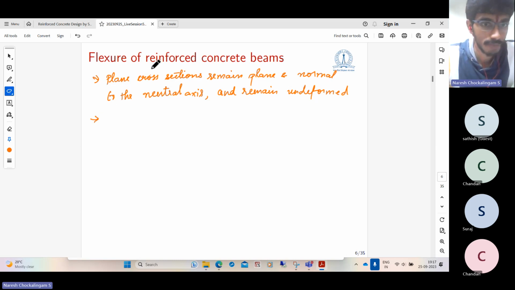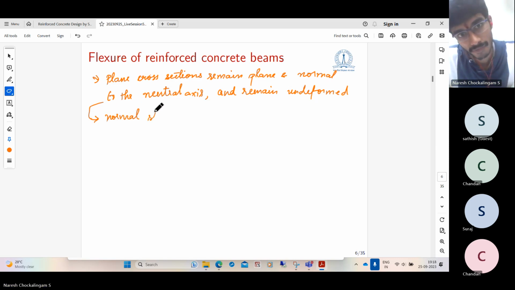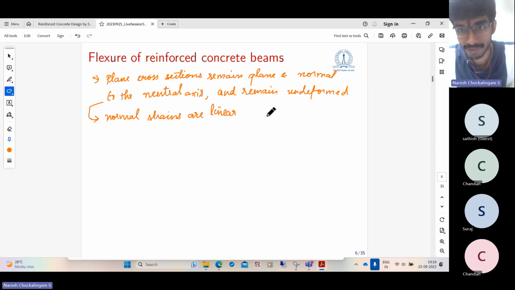Next, a consequence of this assumption is that the normal strains in the cross section are linearly distributed. So if this is a cross section of the reinforced concrete beam, after it bends, the cross section remains normal to the deformed neutral axis.